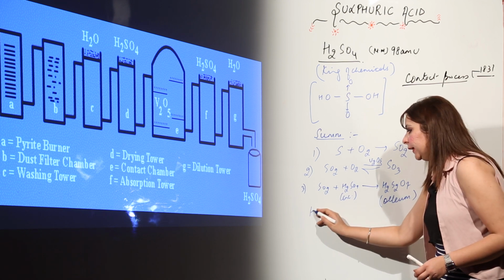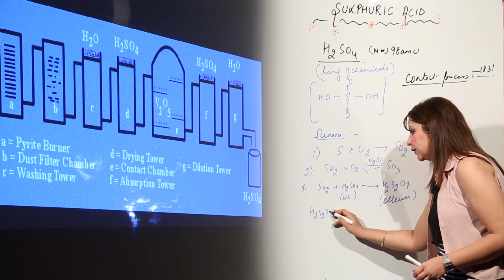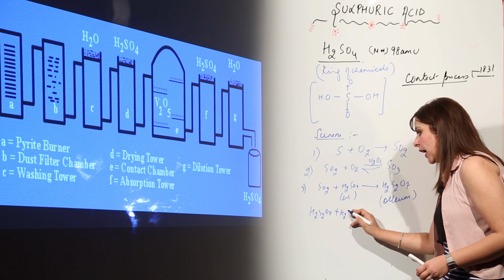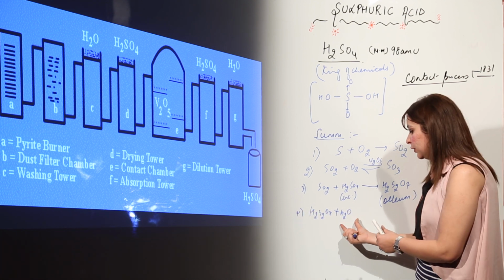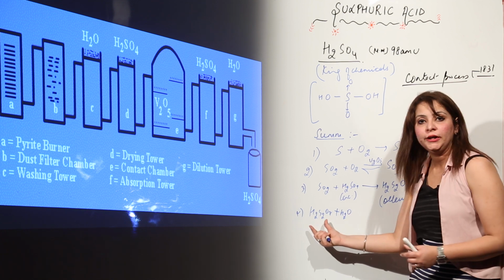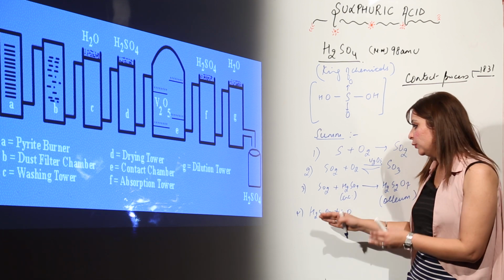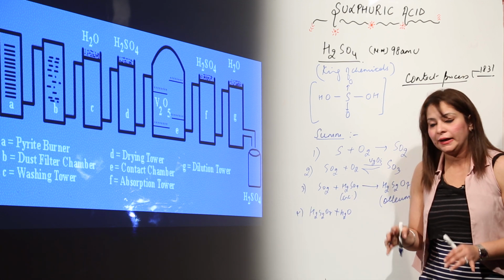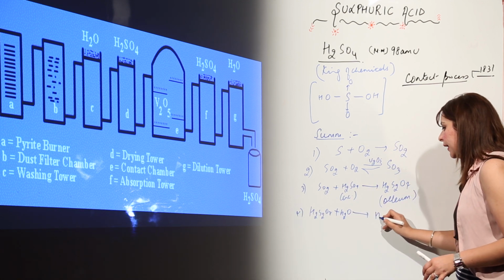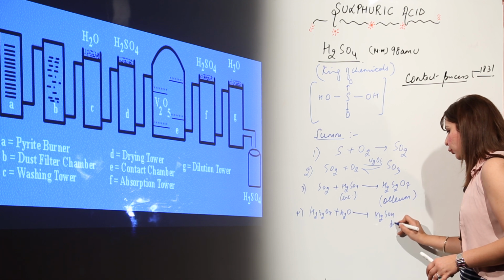Then this oleum is diluted with water, and the amount of water should be equal to the amount of oleum. Suppose you have a certain amount of oleum, X, then that X amount of water has to be added in order to dilute it, and we get dilute sulfuric acid.